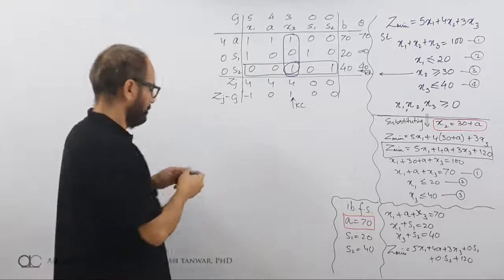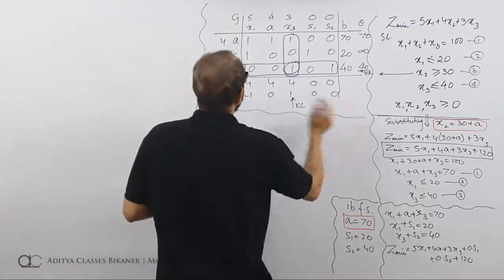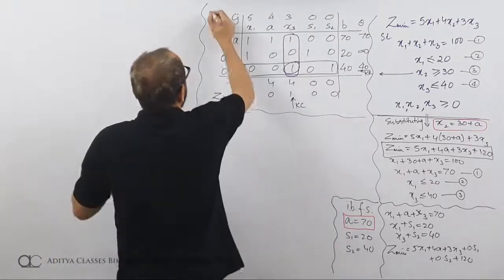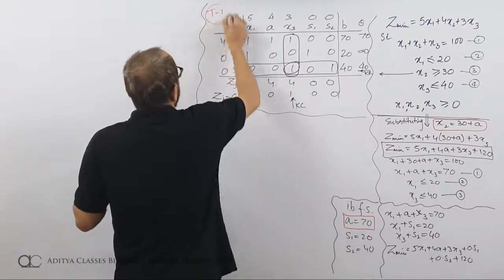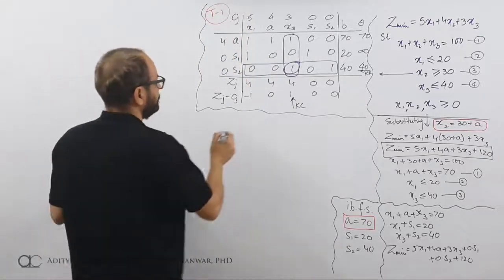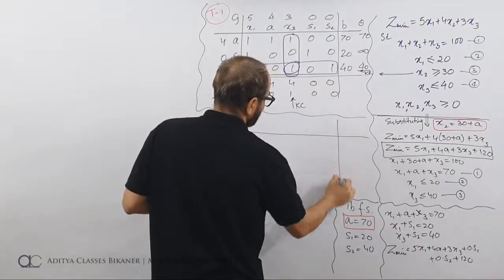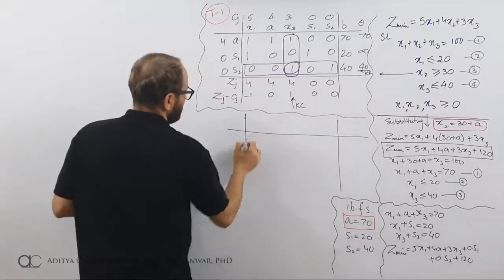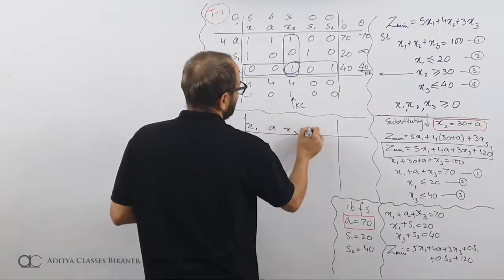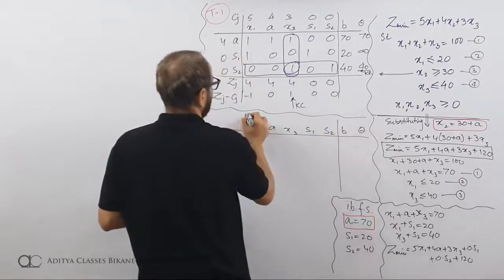Fine. Can I take this data to, I'll make use of this color, table 1. Can I transfer this data to the second table? We'll make it here itself. This time we are having small tables. x1, A, x3, s1, s2, b and theta.